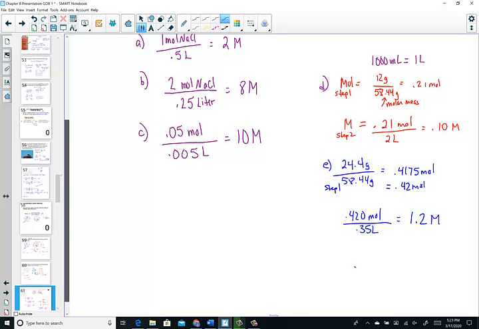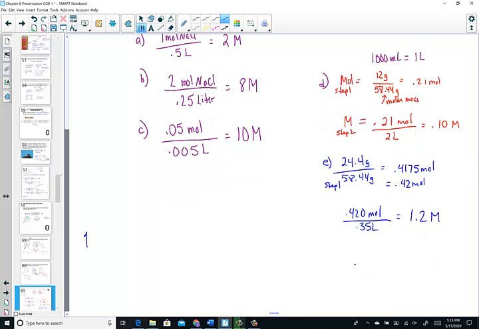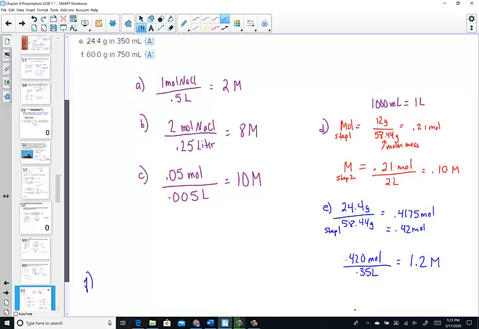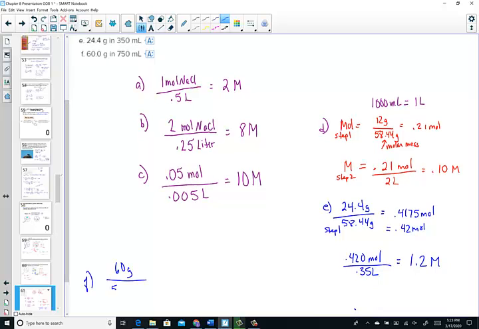How about your letter F? Let me scroll up to find it. Letter F. 60 grams of salt, 60 grams of NaCl, which has a molar mass of 58.44 grams, is going to solve for my number of moles. 60 divided by the molar mass is 1.026. I'll say 1.03 just for this moment.